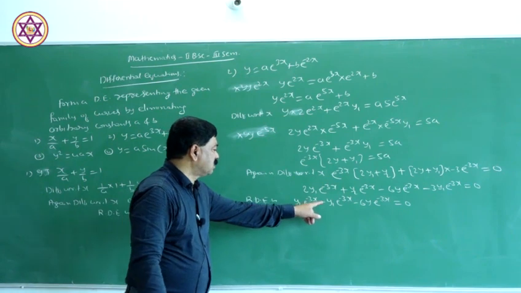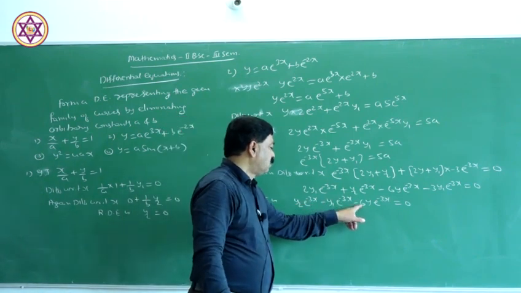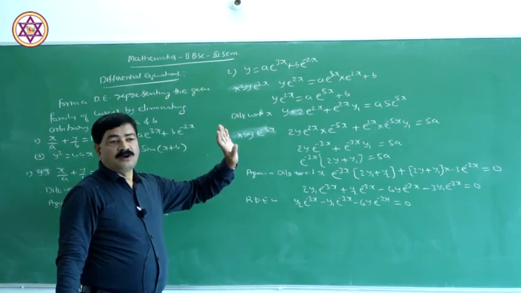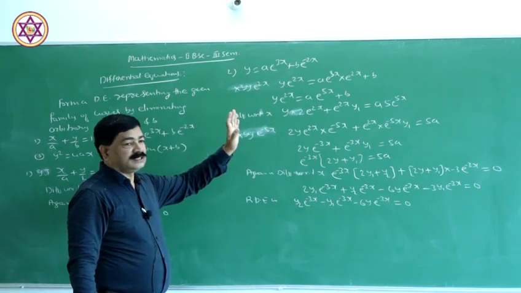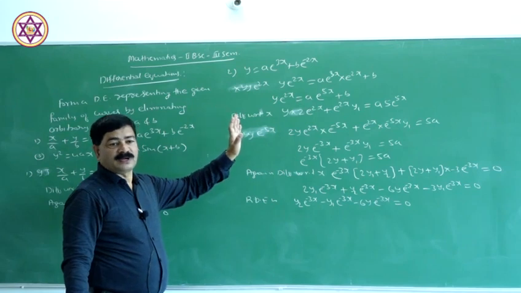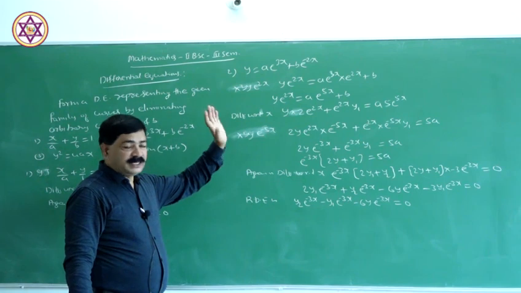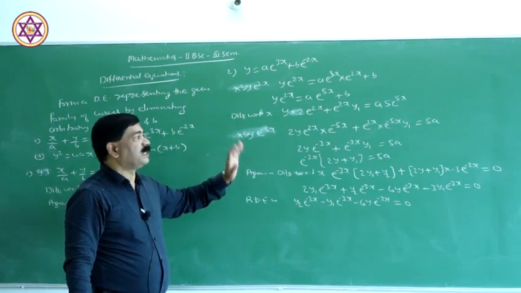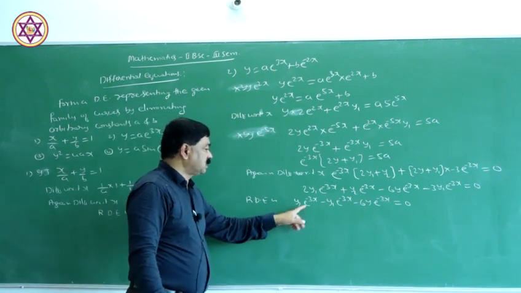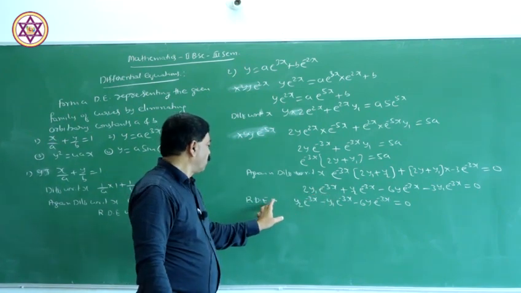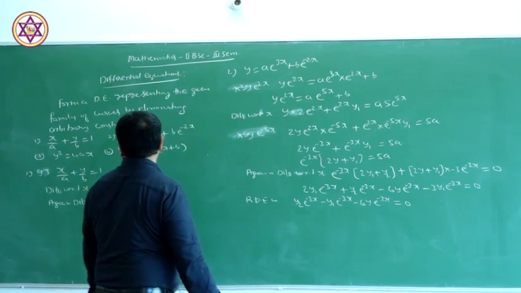Here, how many arbitrary constants are there? There are two arbitrary constants, a and b. So we have to eliminate a and b, and we differentiate twice. So we get this equation, free from arbitrary constants. Therefore the required differential equation is this one.